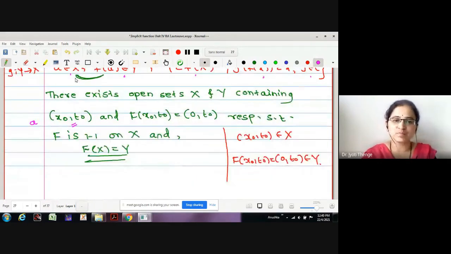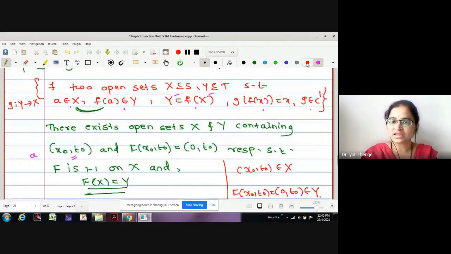Because a is the point in the statement at which the Jacobian determinant is given to be non-zero. In our statement, the Jacobian determinant is given to be non-zero at the point (x naught, t naught). Therefore this is my point a in the statement.